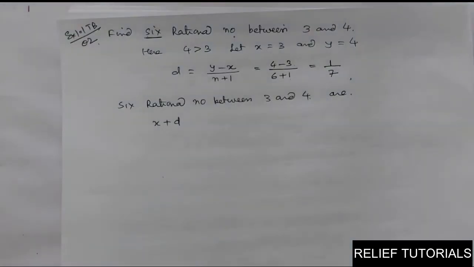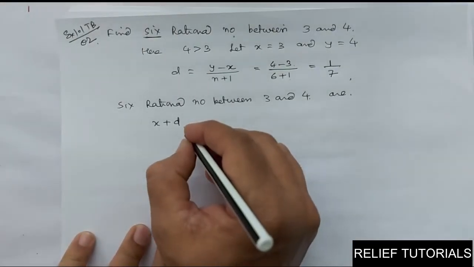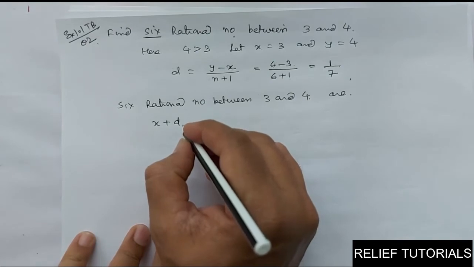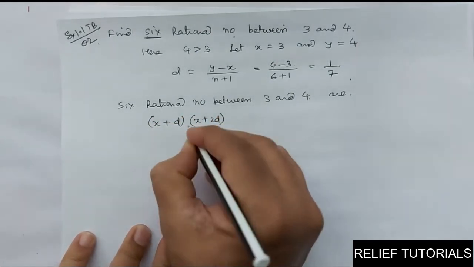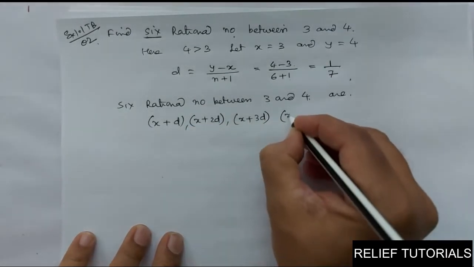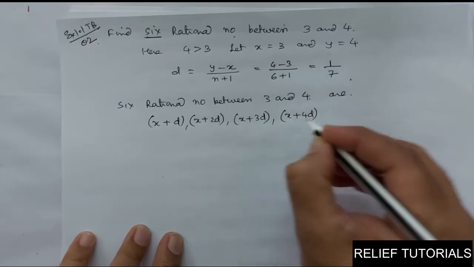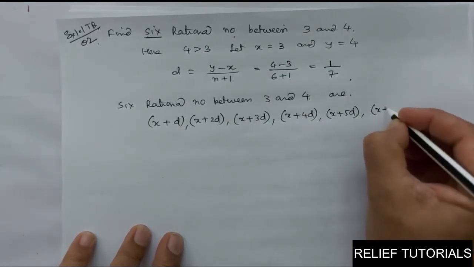So here you want to find 6 rational numbers between 3 and 4, so they are x plus d, x plus 2d, x plus 3d, x plus 4d, x plus 5d, x plus 6d.